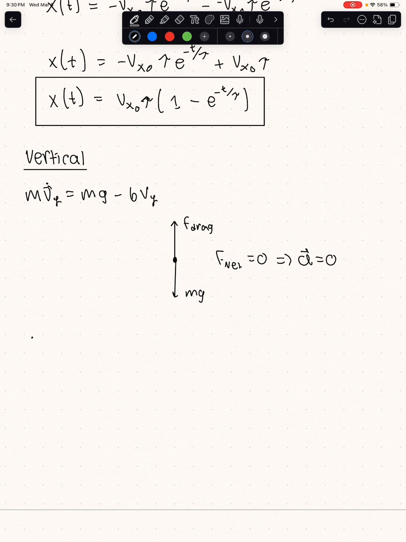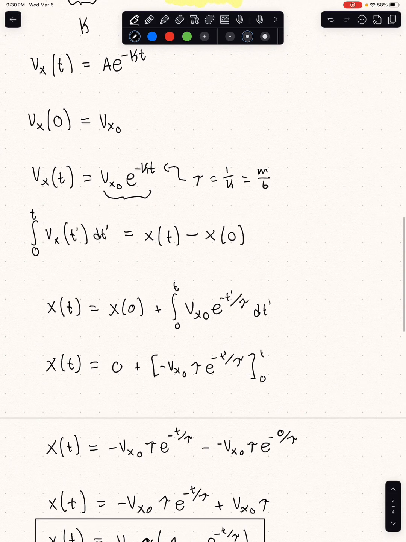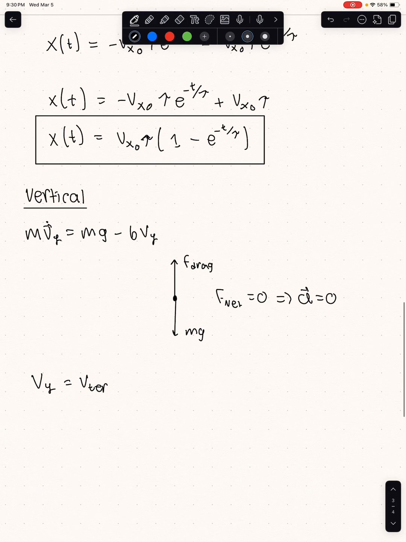Let's see, that happens when vy equals v terminal. We can find this by, which one do we want? Oh, it's right here. If this is equal to 0, right? vy dot, that's the acceleration. If you are in terminal velocity, the acceleration is 0, so this whole term would go to 0.